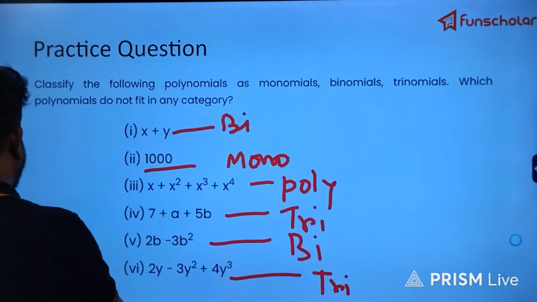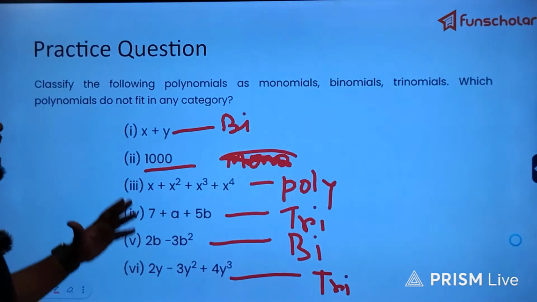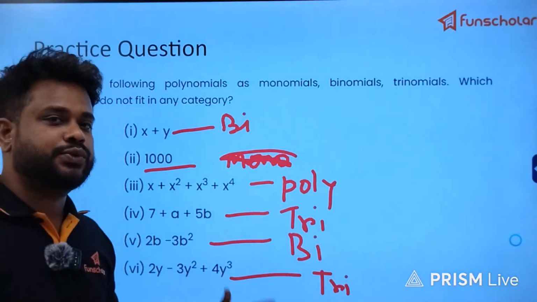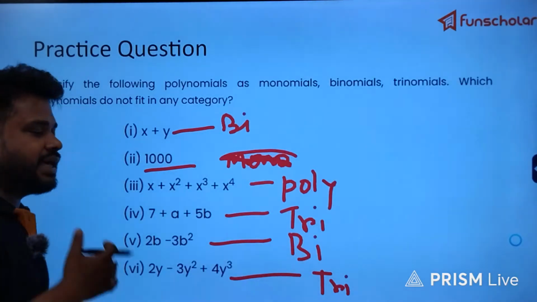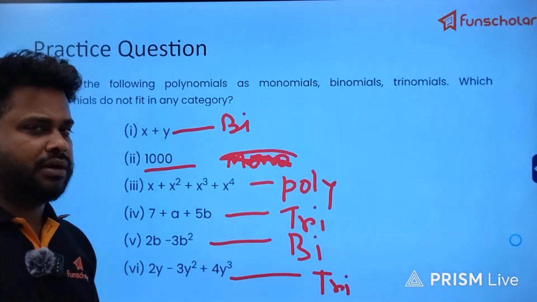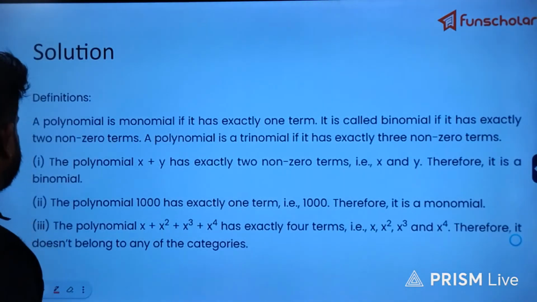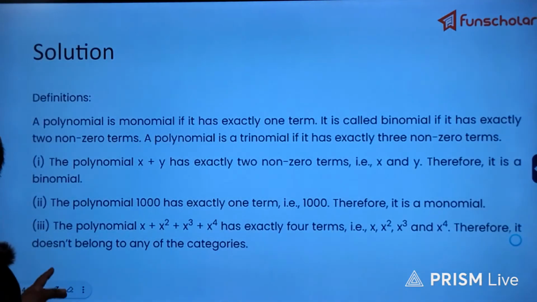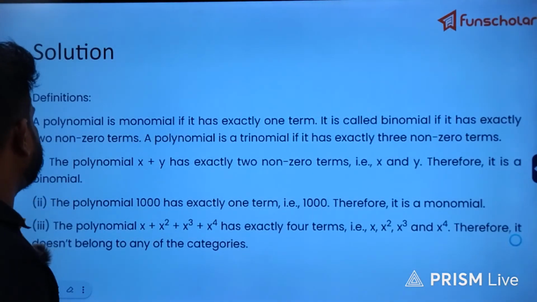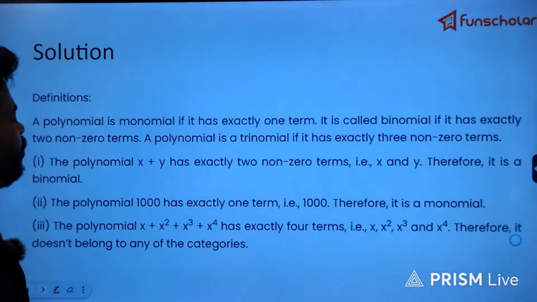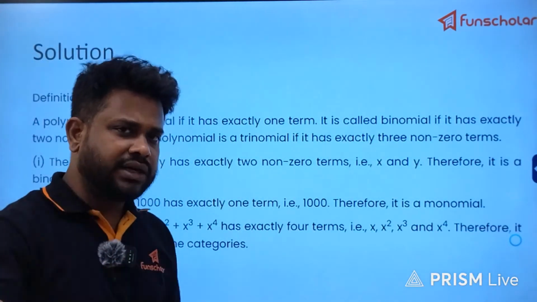Yes, we can call this a monomial, but it doesn't have any algebraic expression, so this one won't fit in the polynomial category. We will consider this as a constant, a normal number. The first one, x plus y, is a binomial. The second one is a monomial, but it doesn't come under this category.